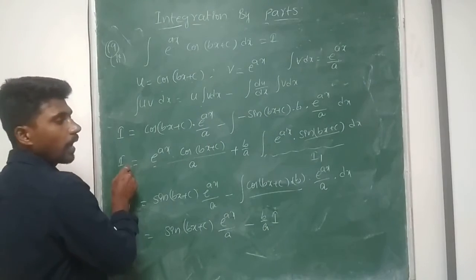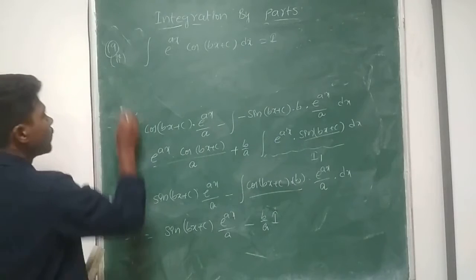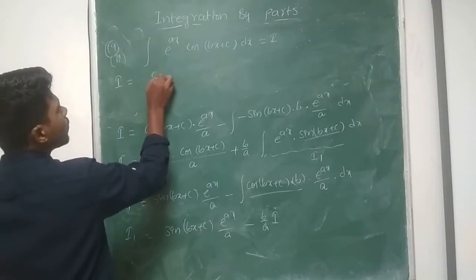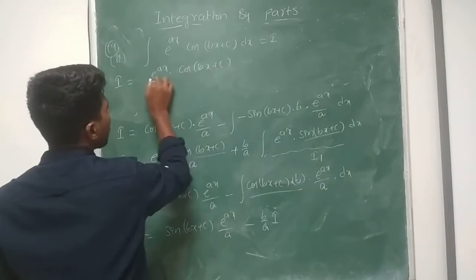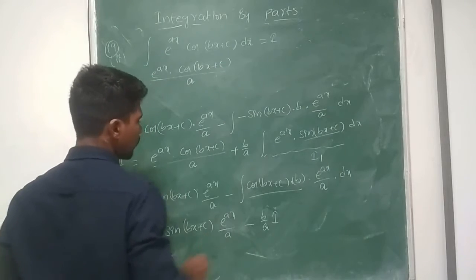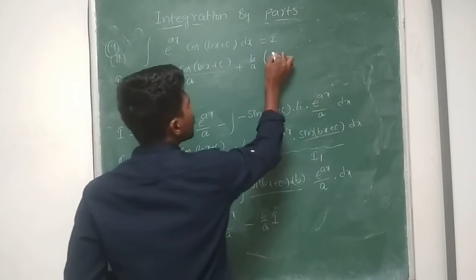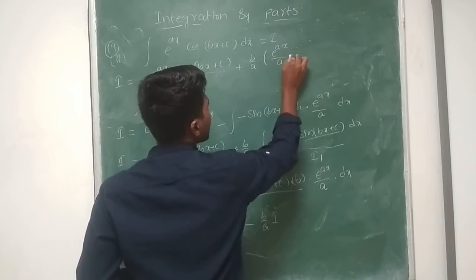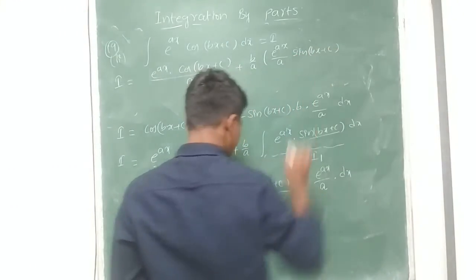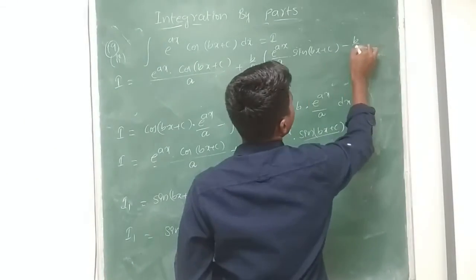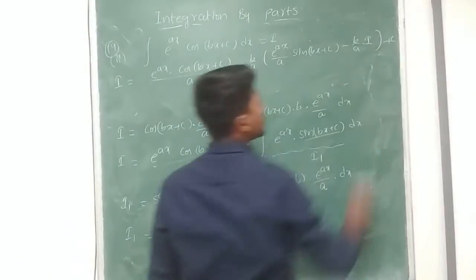Substitute this I1 value in I. So I get the answer: I is equal to e power ax into cos(bx plus c) by a plus b by a into the value of I1, e power ax by a into sin(bx plus c) minus b by a into I, plus a constant c.